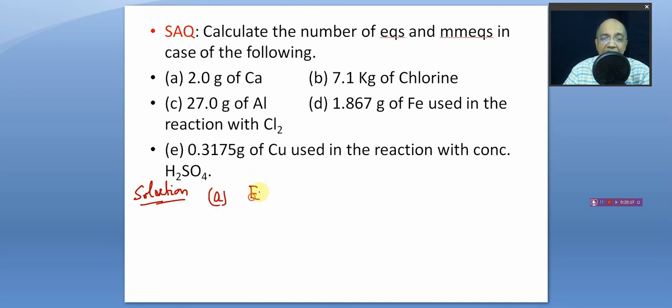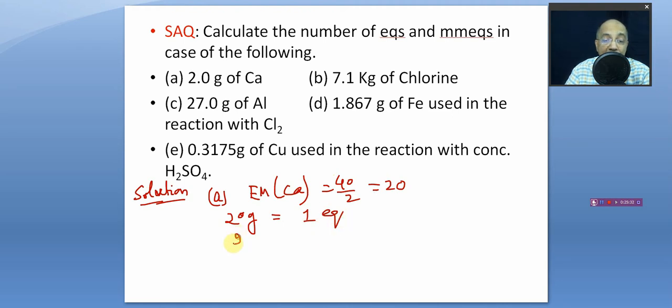So the equivalent mass of calcium, already we know, is 40 by 2, 20. If 20 gram is equal to 1 equivalent, then 2 gram is equal to what? It is 1 by 20 into 2, that is equal to 0.1 equivalent.